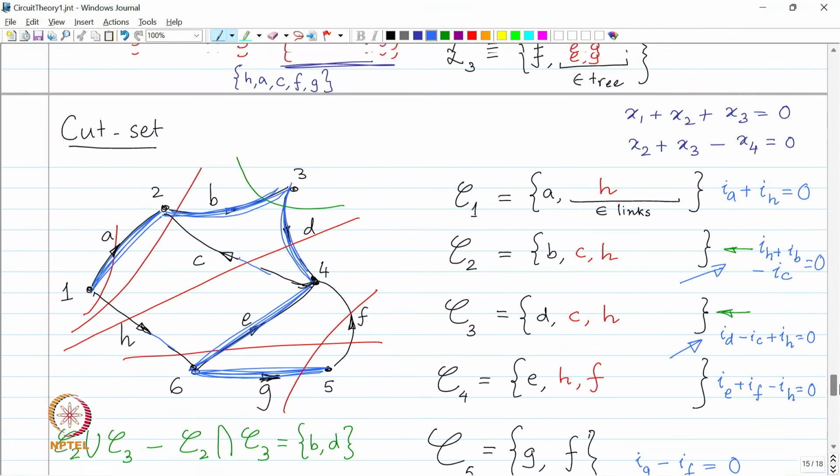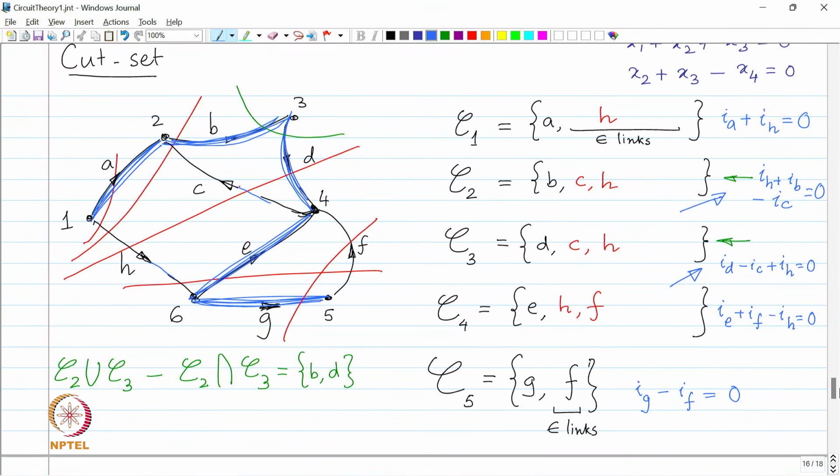I had n minus 1 cut sets. I had one cut set for each element of the tree, and the tree had n minus 1 elements. So, n minus 1 cut sets, and these are supposed to be linearly independent. Why are they always linearly independent?